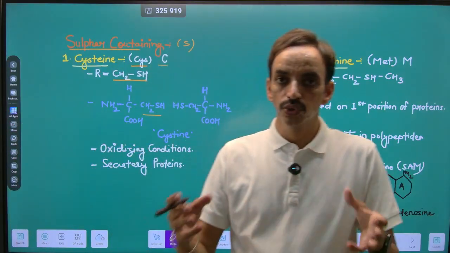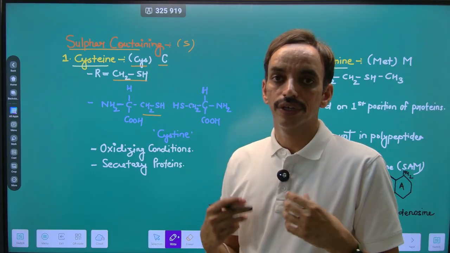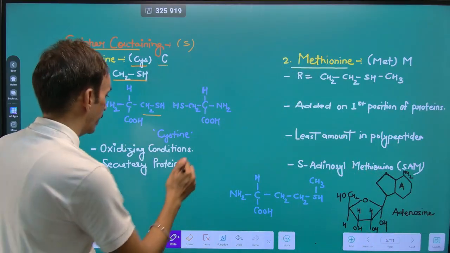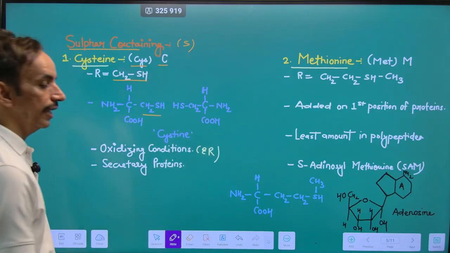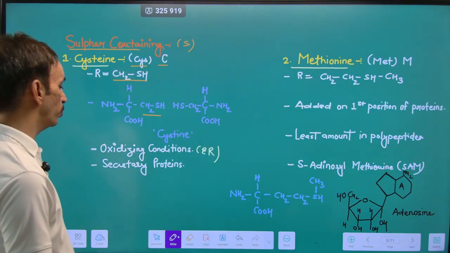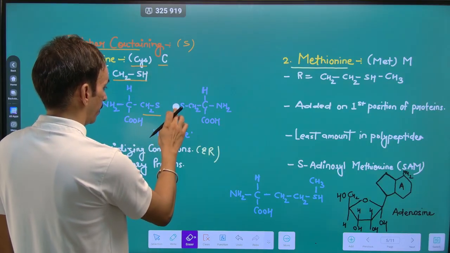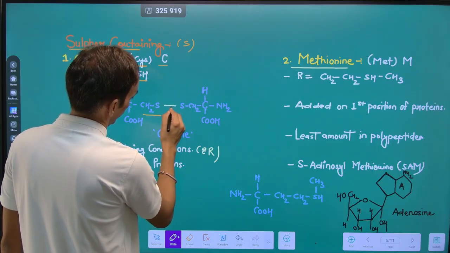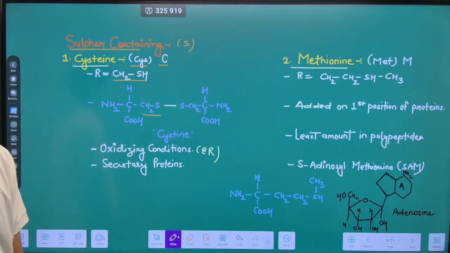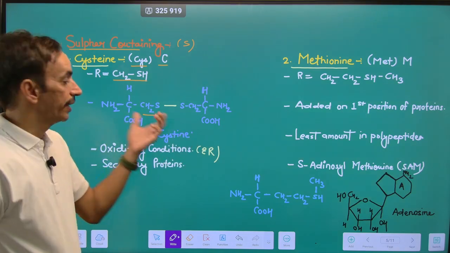So if the two cysteines are in front of each other under the oxidizing environment that is provided by the endoplasmic reticulum, then they have tendency to form a disulfide bond.